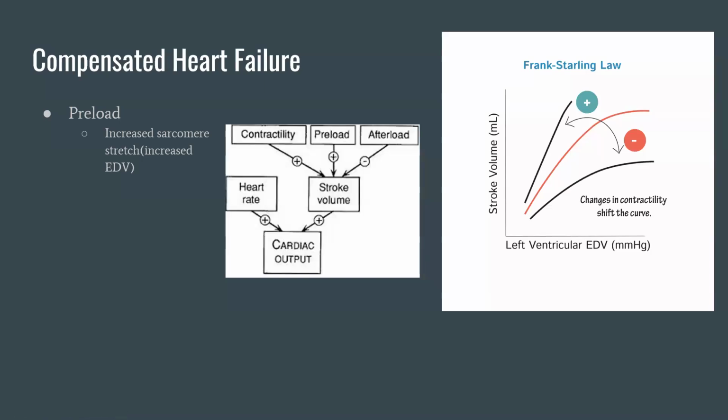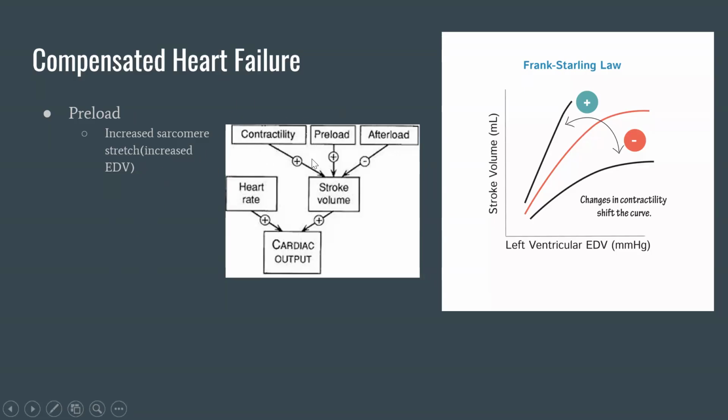That can cause increased afterload. What about causes of increased preload? Sure, atherosclerosis. What about decreased preload? Yeah, dehydration, anemia, decrease your preload.